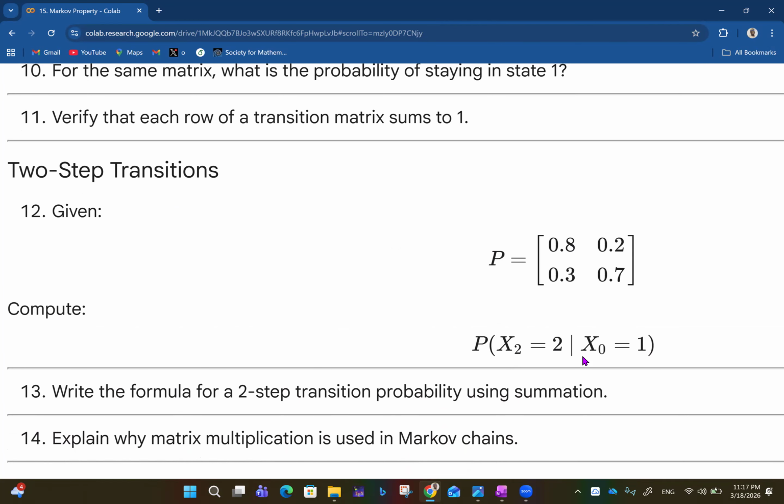So in that case, we have to do the kind of rainy, sunny thing we did. So we have x2 given x1. So that will be the probability of x2 given x1. All right, so we have to do the total sum, the situation we had the other time with the two-step transition. So you want to check that up to finish this up.